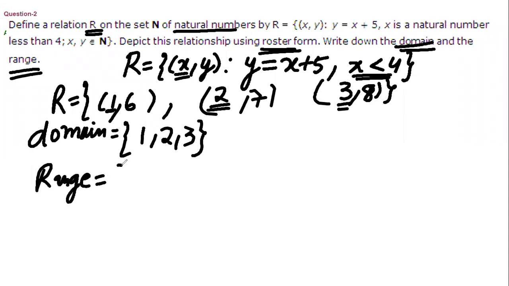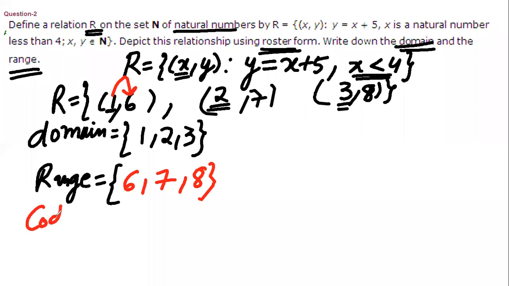Ansh will answer it. What is the range here? What will the range be? 6, 7, 8. Very good. Why so? Because corresponding to 1, output is coming 6. Now the question will be, what is the codomain?